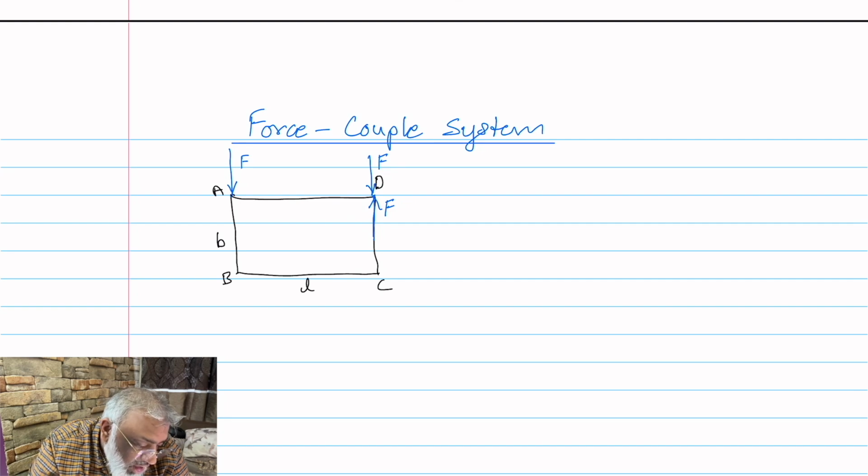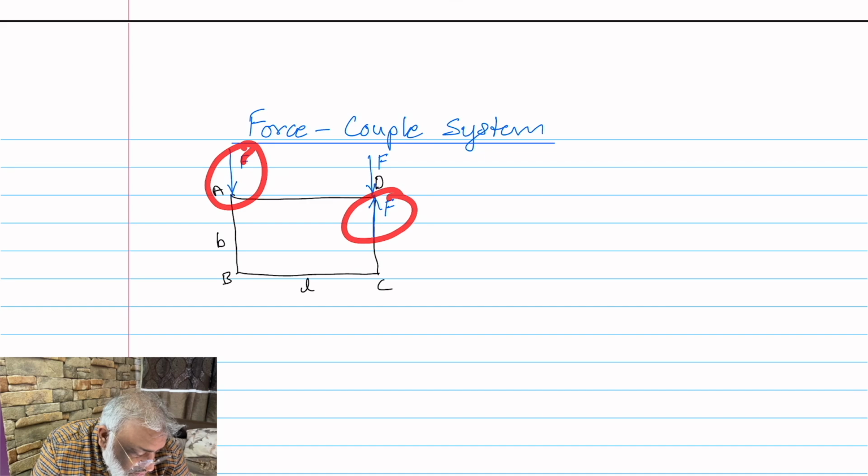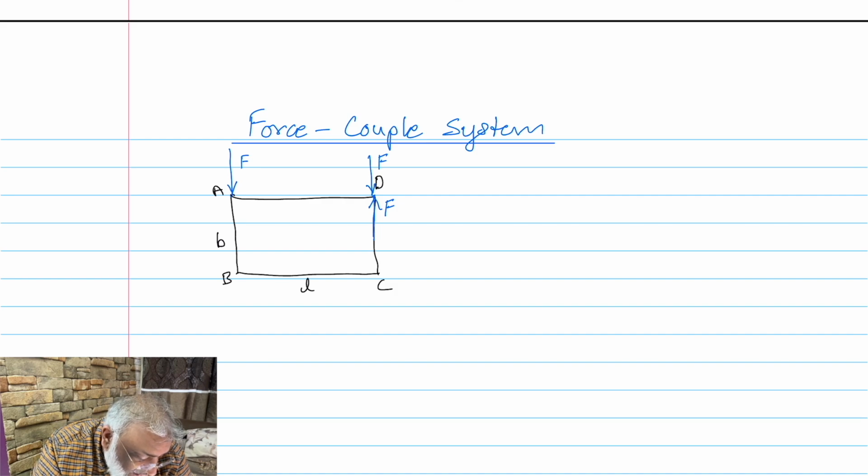Now if you look at this force here and this force here, these two are forming a couple. We just learned what is a couple. So we remove these two forces and replace them by a couple which will be acting in the anti-clockwise direction. And the value we know how to find out. The value is given as the value of the force multiplied by the perpendicular distance between them, which is L.